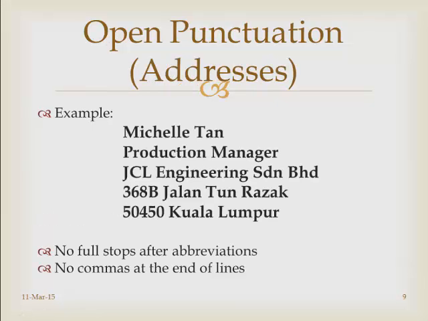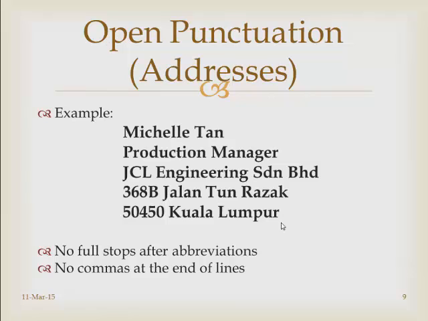What about in addresses? For example, you have the name, the position, and the address of the company. Notice that there are no commas at the end of them. When we learned in school, we learned that you should put a comma at the end of every line, but no, not in the open punctuation, fully blocked format. So whatever we learned in secondary school, remove it.